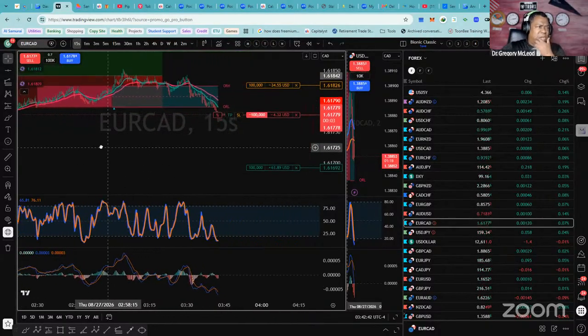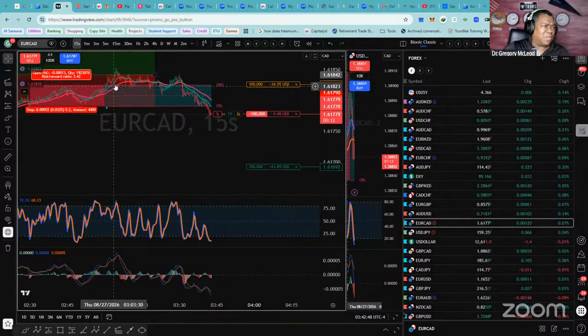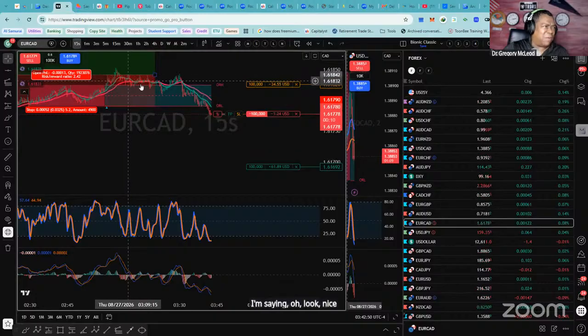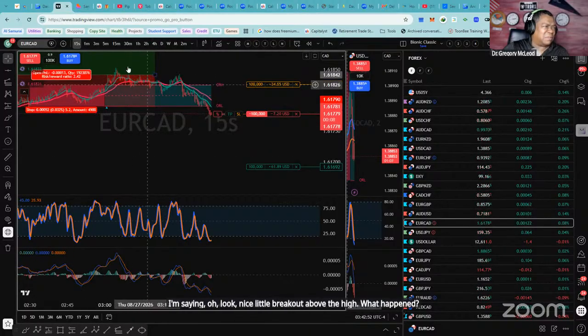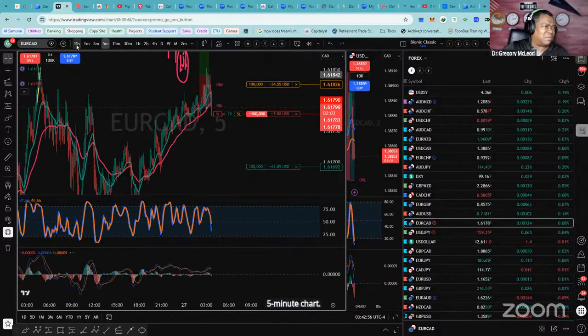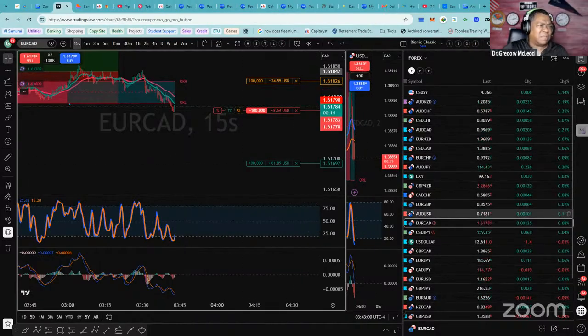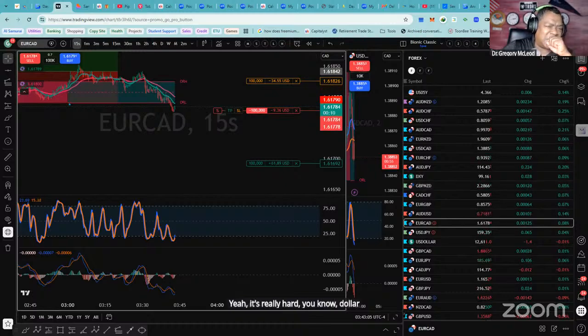Okay, let's go. Let's go. Okay. I'm saying, oh, look, nice little breakout above the high. What happened here, right? 5-minute chart. Yeah, it's really hard. Dollar CAD will fake you out because the CAD is just a weak currency.